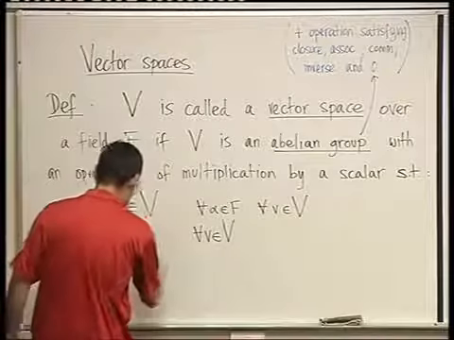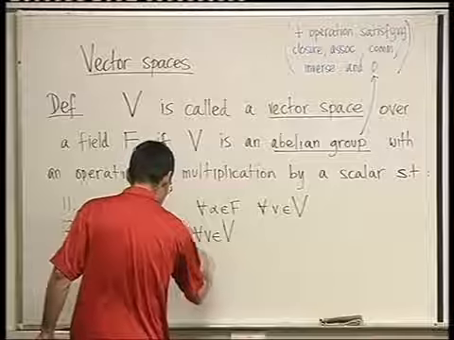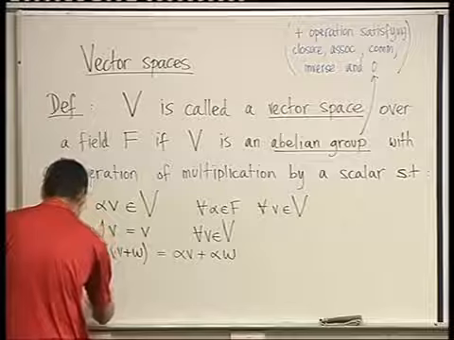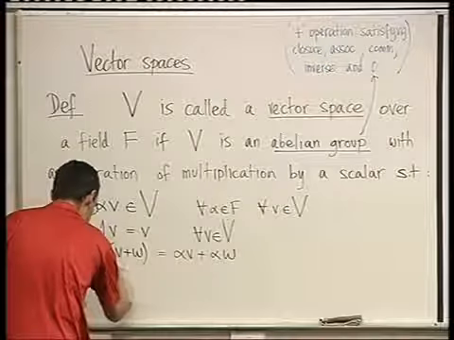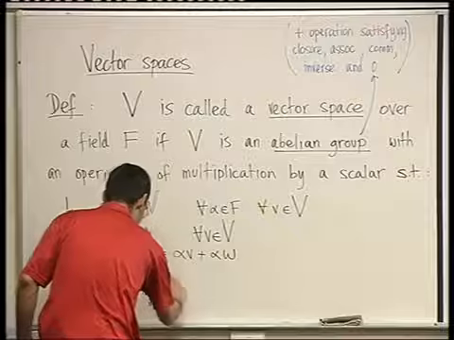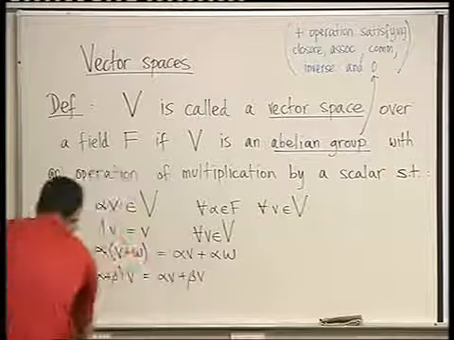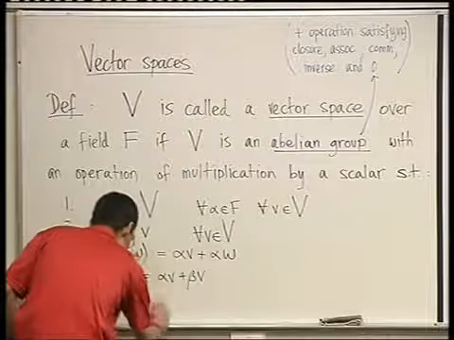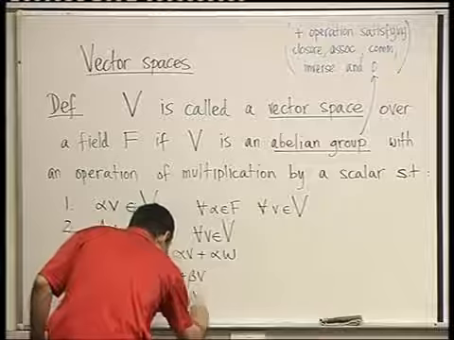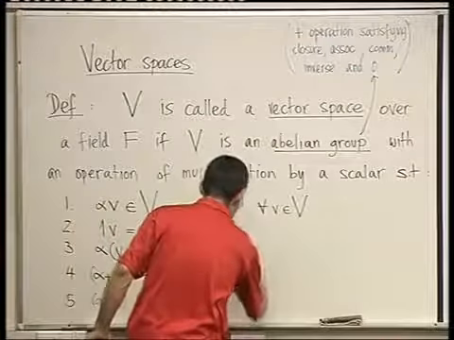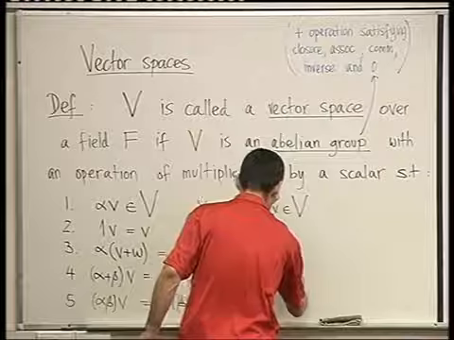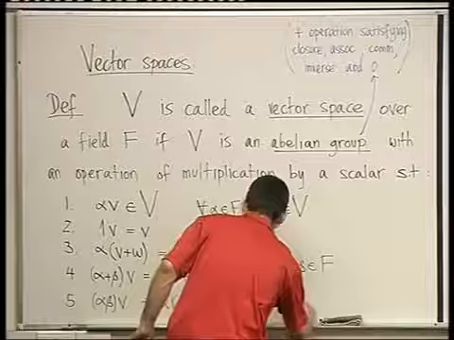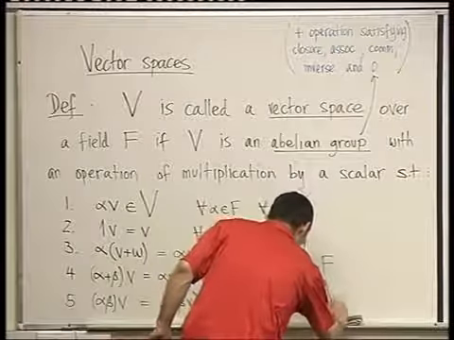Okay, so alpha times (V plus W) equals alpha V plus alpha W. 4, (alpha plus beta) V equals alpha V plus beta V, and 5, alpha (beta V) equals (alpha beta) V. And these 3 are for every alpha, beta in the field, and for every V and W in the space.